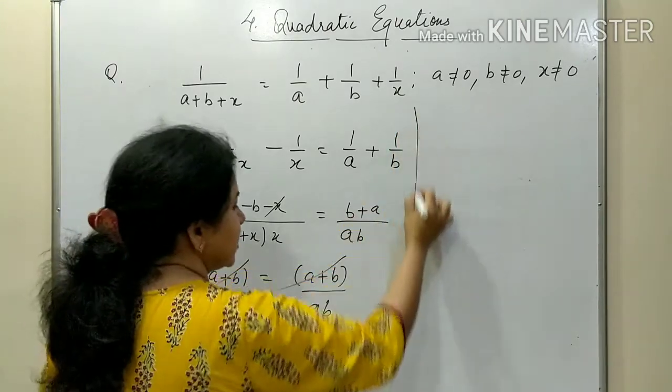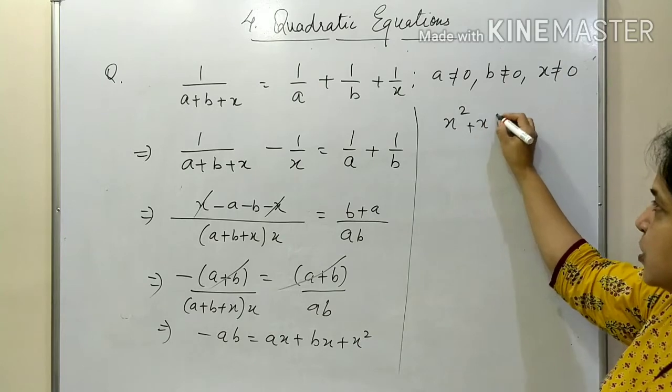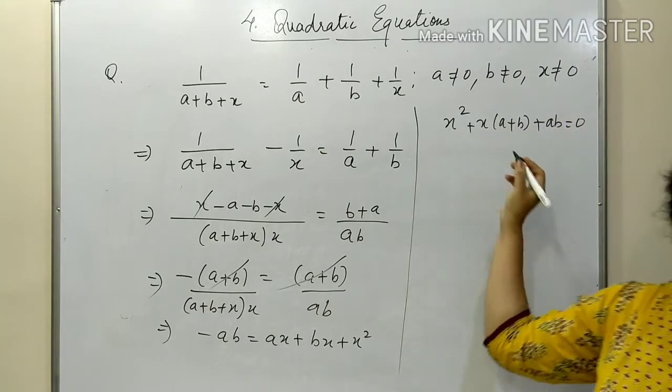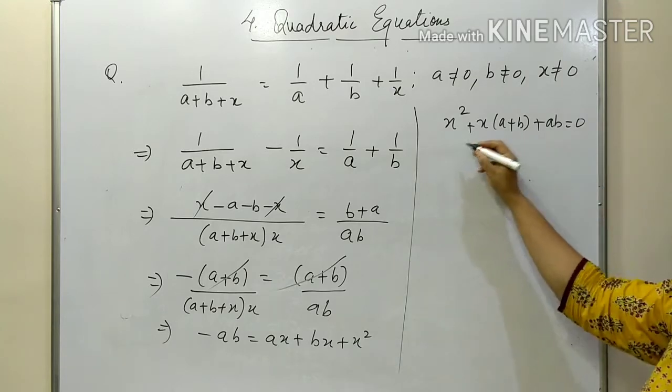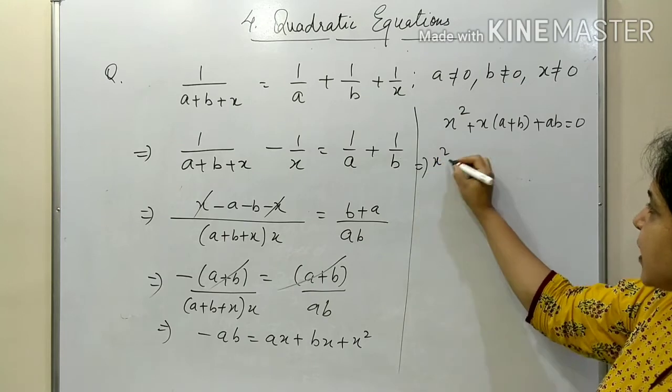Now this is in standard form. We will rearrange it: x square plus x into (a plus b) plus ab equals 0. For solving this you can use either of the two methods. I am using the factorization method.